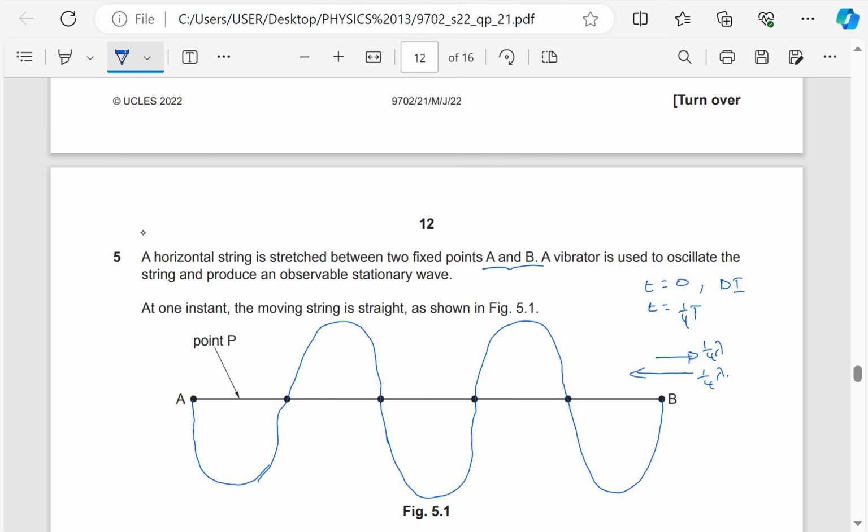But remember, we started with destructive interference, so we shall have a reversal of phase. This is what we are going to have after another quarter cycle. After another quarter cycle, again, we shall have a horizontal line, and after another quarter cycle we shall have something on the top, in the opposite direction to the one I've just sketched. So this is going to be our sketch here.